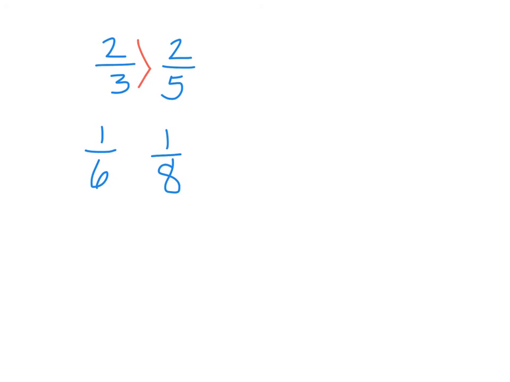Well, the greater fraction would be 1/6, because 1/6 of a whole is greater than 1/8 of a whole. So we can say 1/6 is greater than 1/8. In this video, you learned the strategy compare fractions with common denominators.